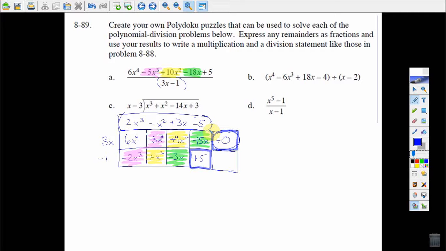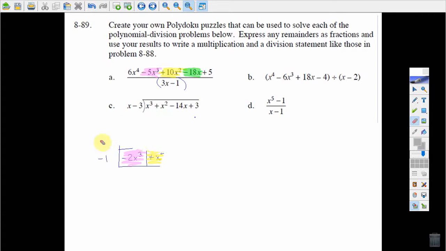Part B sure looks familiar. Where have we seen that? Part C looks like they want us to do it long division style, which we can. If we do this long division style, we're going to say x squared.